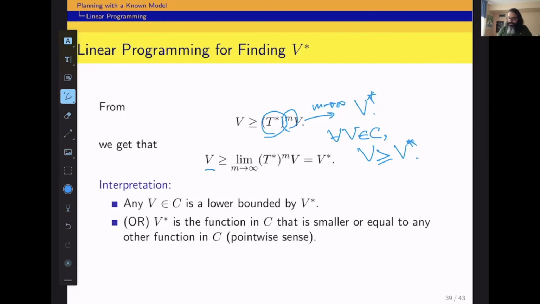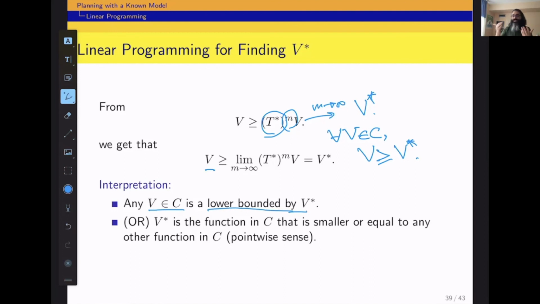Okay, so what is the interpretation of it? Any v in that set is greater or equal than the optimal value function. One interpretation is that for any v in that C, v is going to be lower bounded by v star.